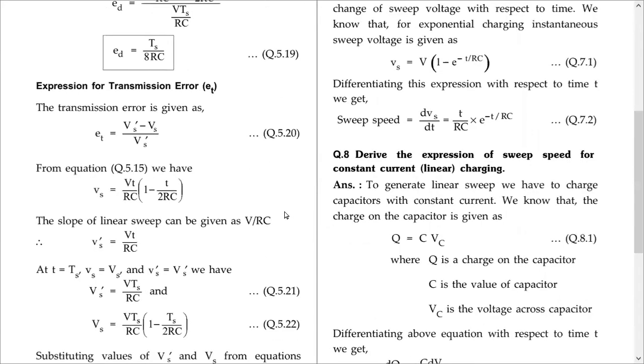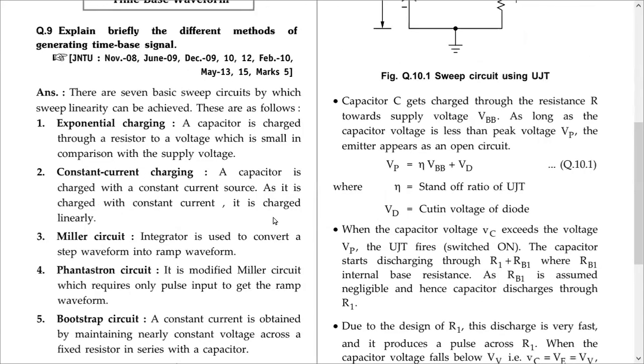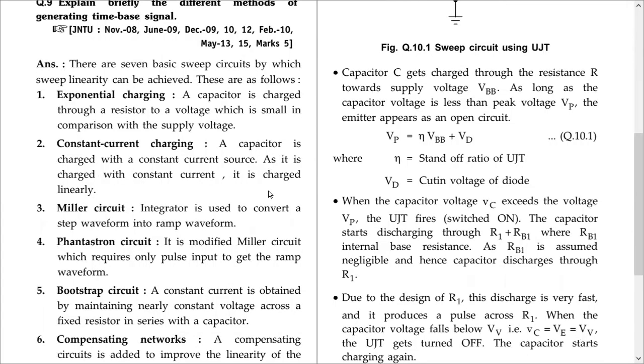Now, what are the different methods of generating time-based signals? First we discussed exponential charging: take a capacitor and charge it. Here obviously the error we get is high.